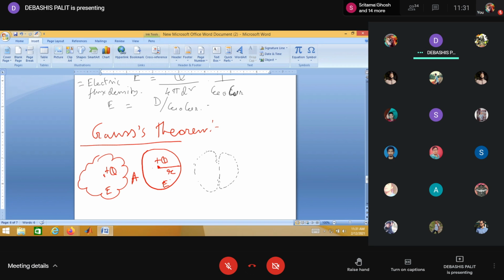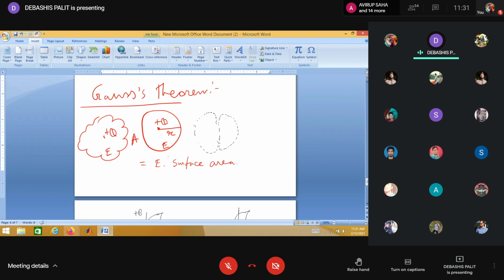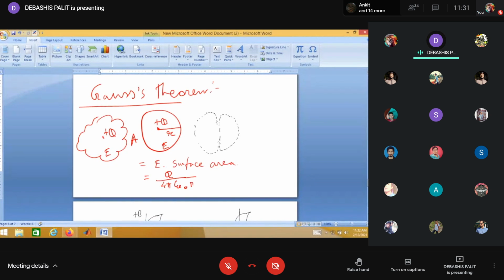The total electric flux is electric field into surface area. The electric field due to the charge q is q by 4 pi epsilon 0 r square, in air medium, into the surface area of the sphere, 4 pi r square.